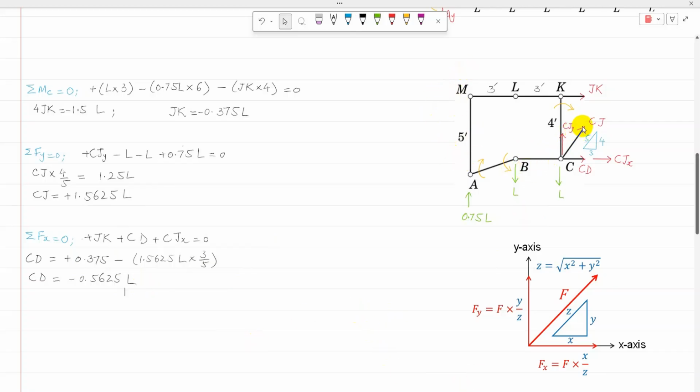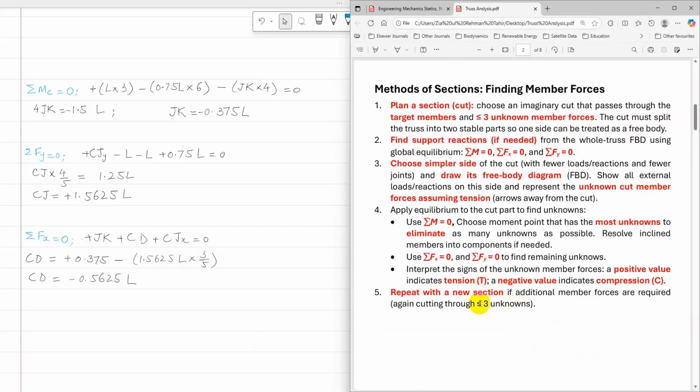So now that whole section has been analyzed, I can write the answer using interpretation. For the sign of unknown member forces, a positive value indicates tension and a negative value indicates compression. So JK is negative, so that is in compression. CJ is positive, so that is in tension, and CD is also negative, so that is in compression.